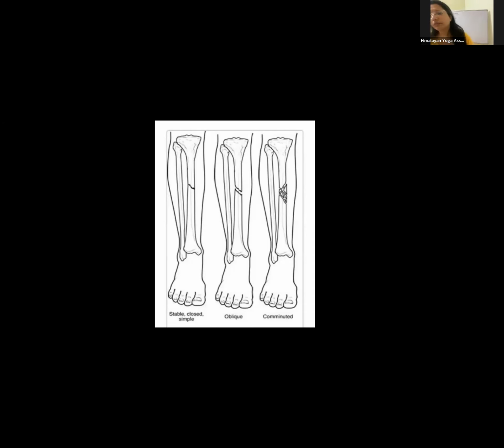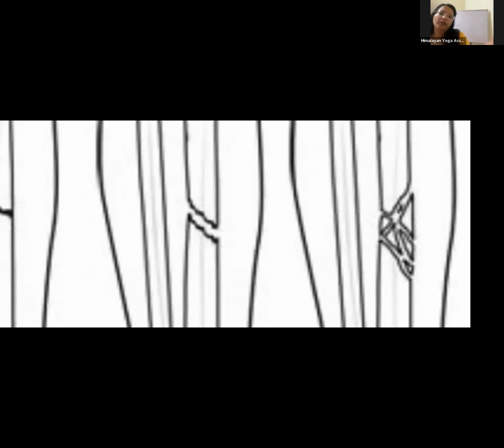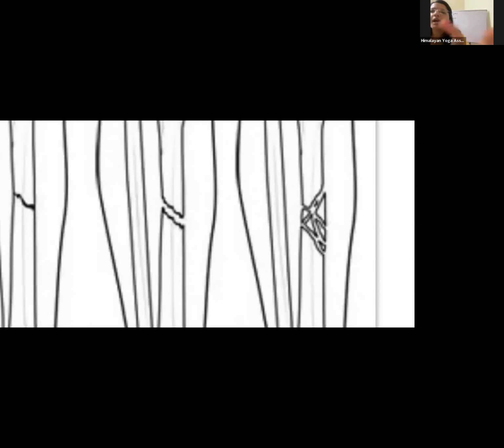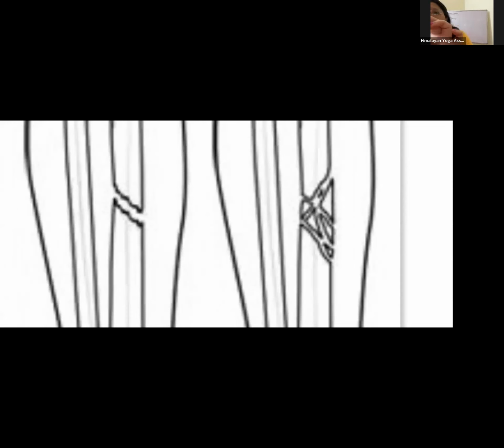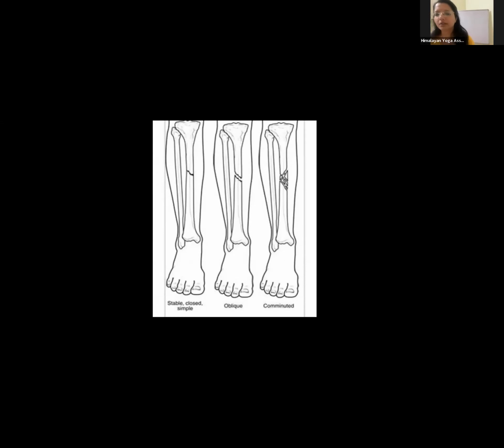Then, if the fracture is angled, you see this fracture is angled, it's called oblique. Then in the third one, you see the bone has been cracked into so many small bones. So this is called comminuted.